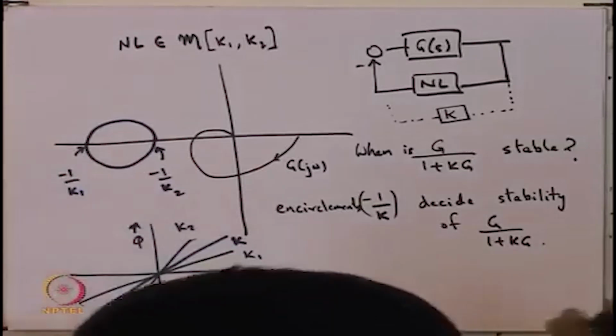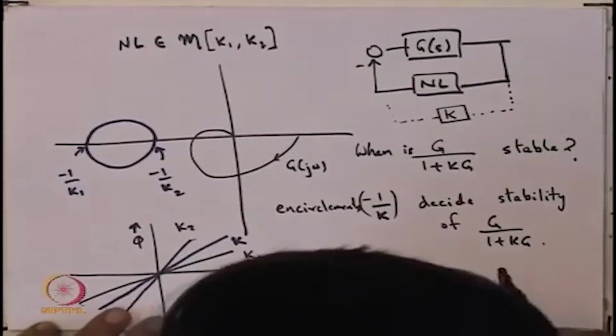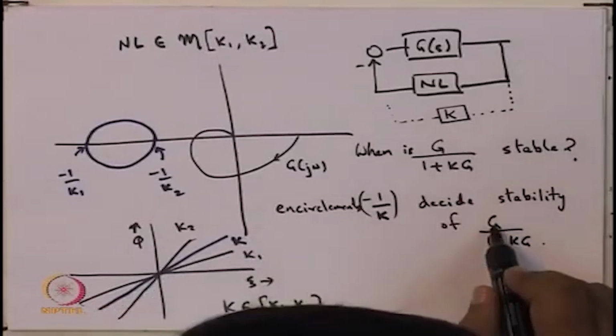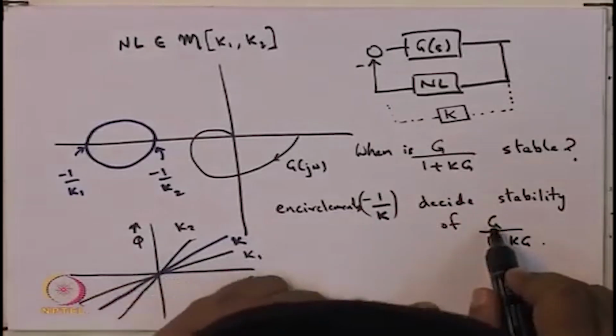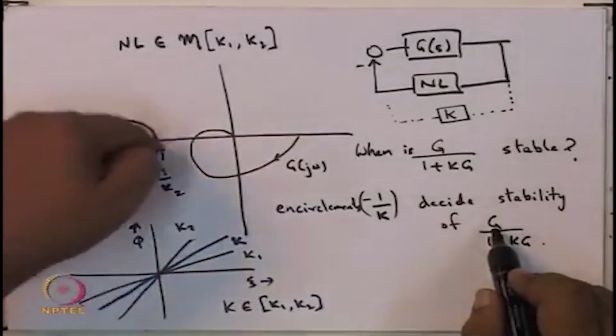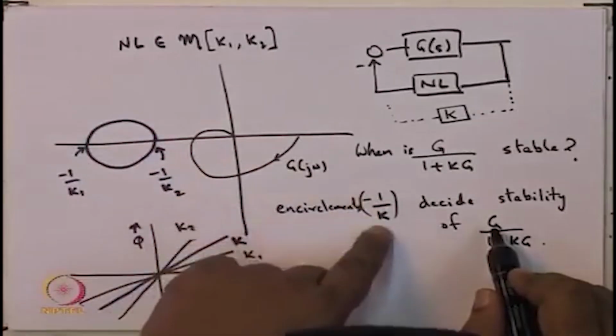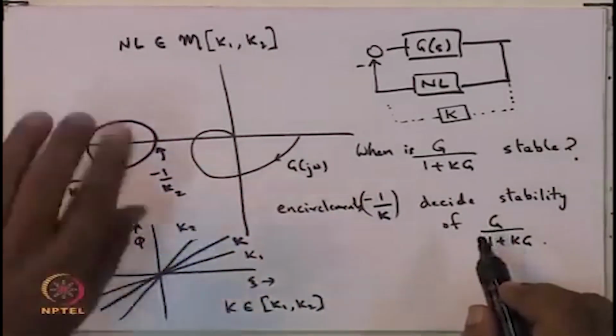the Nyquist criterion, which is that suppose the original transfer function g was stable, then the number of encirclements of this point minus 1 by k must be 0.